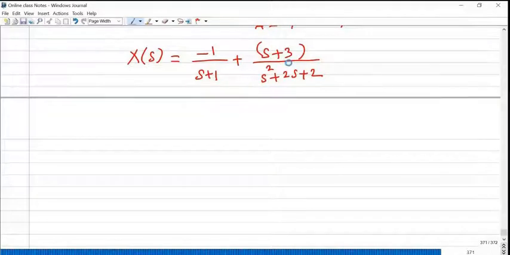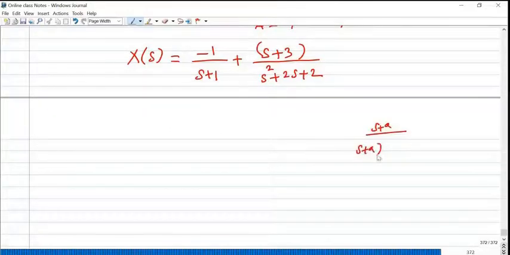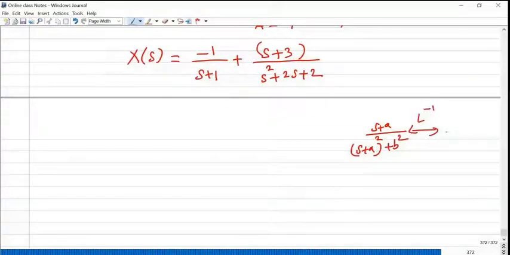But for this term, we still don't have this kind of formula. We have a formula for s plus a divided by s plus a whole square plus b square. If you find the inverse Laplace transform, the result is e power minus at cos bt.